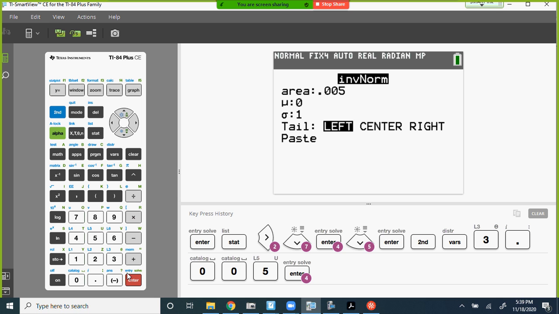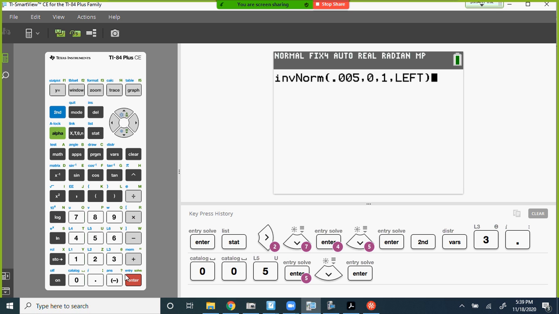Make sure yours is set to no tail on that. The tail would always be to the left, right? So it comes up with negative 2.5758, because we're looking at the left.